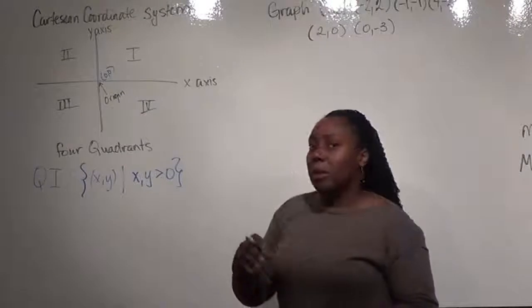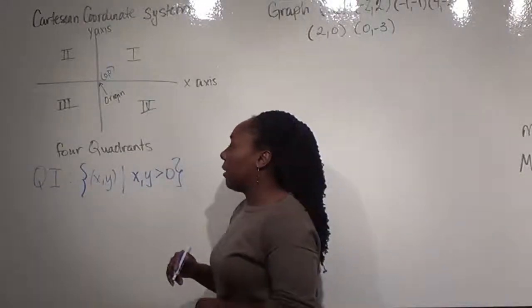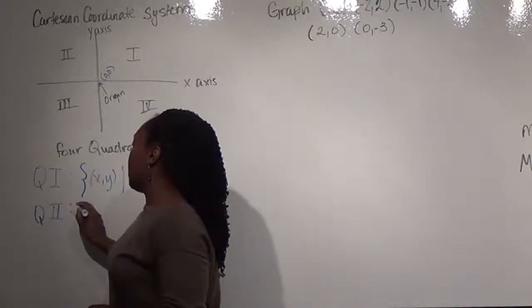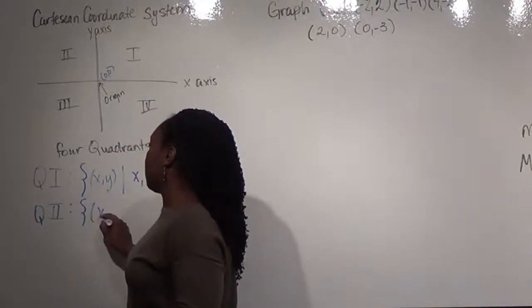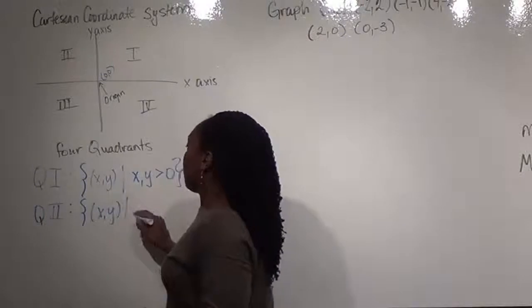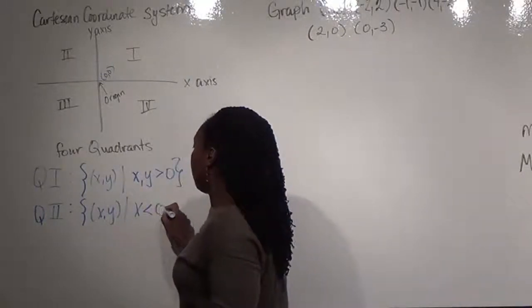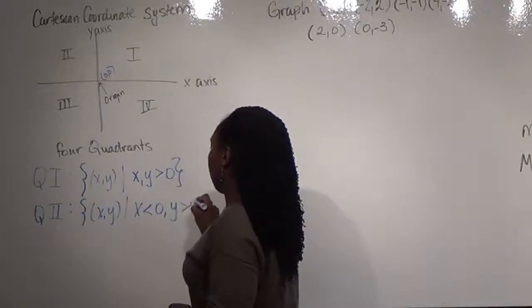So all of your positive x values, all of your positive y values. Quadrant 2 is going to be the set of all points (x, y) such that x is less than 0, but y is greater than 0.